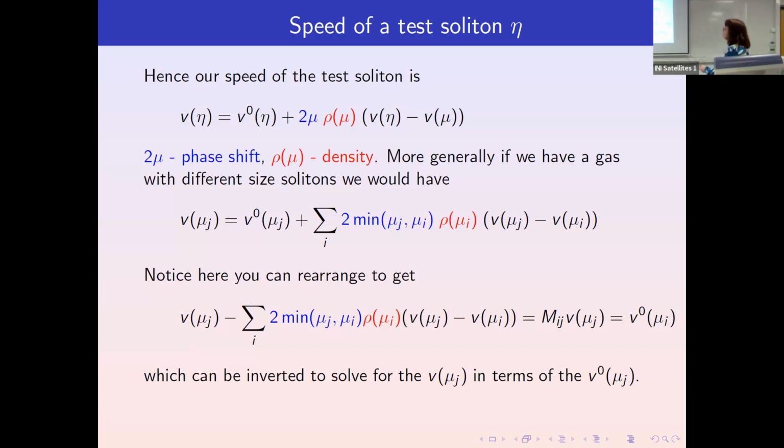So this is just this written in matrix form, and then solve for your velocities in terms of V0. So you can invert the matrix. The matrix is non-zero, so that's in theory easy to do, and they look at that in their paper.